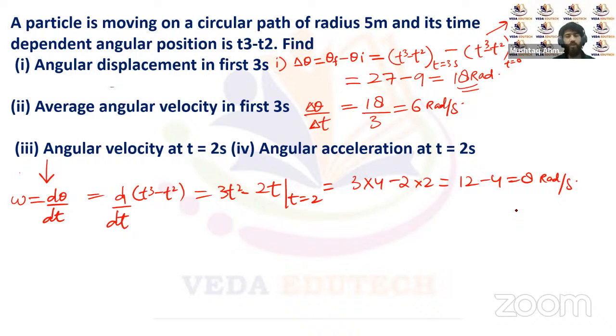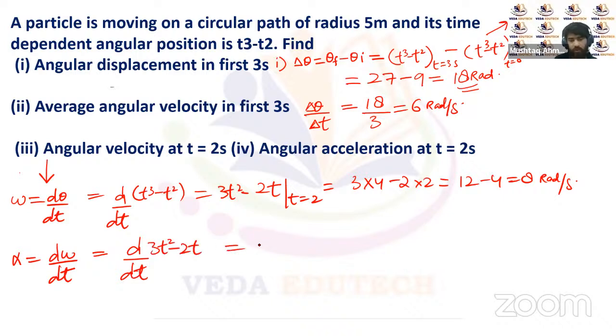Now talking about the angular acceleration, alpha. Angular acceleration alpha is d omega over dt, right? So omega here is 3t square minus 2t. So d over dt of omega, that's 3t square minus 2t, has to be equal to 6t minus 2. That's the alpha, angular acceleration.